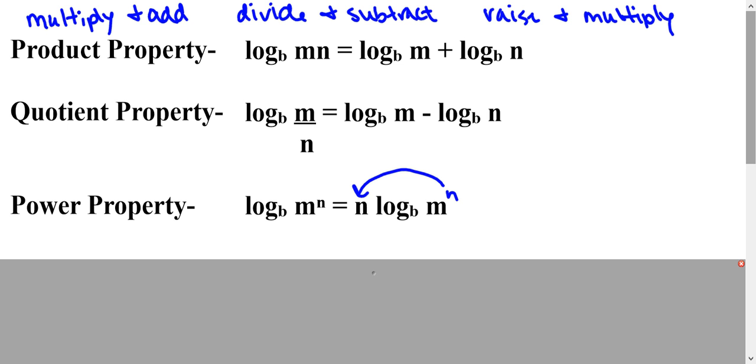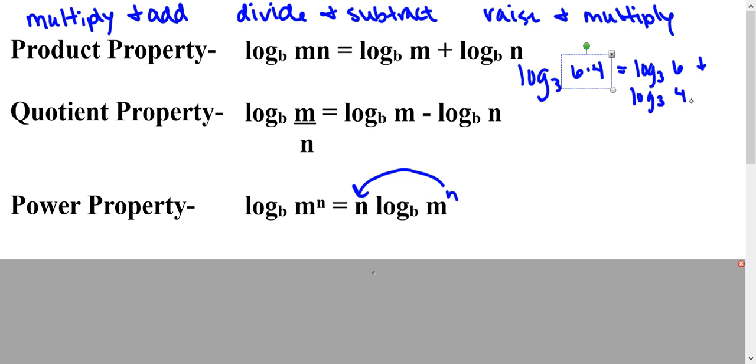So this would be like, for example, if I had log base 3 of 6 times 4. Normally that would be already worked out, so it would be 24, but let's say we had it like that. That would be the same as log base 3 of 6 plus log base 3 of 4. So you're just separating the two numbers by addition. Same thing here.